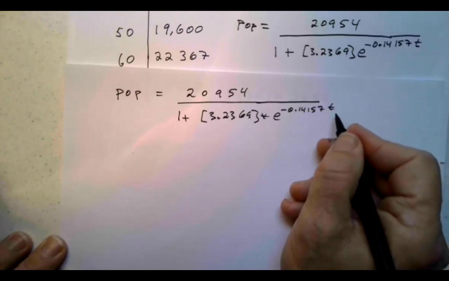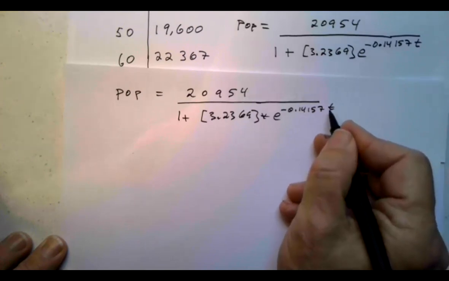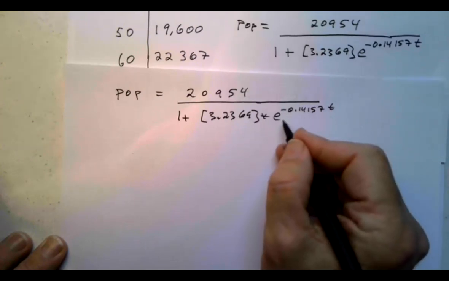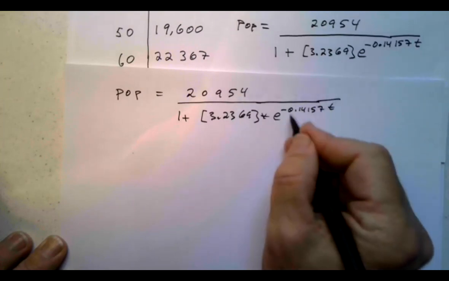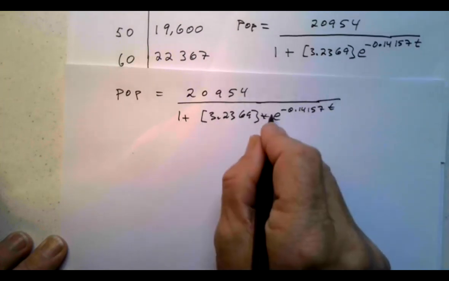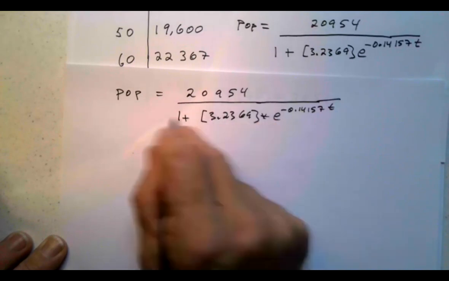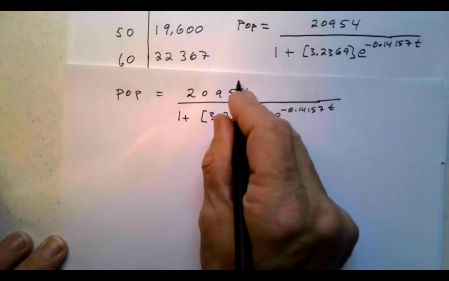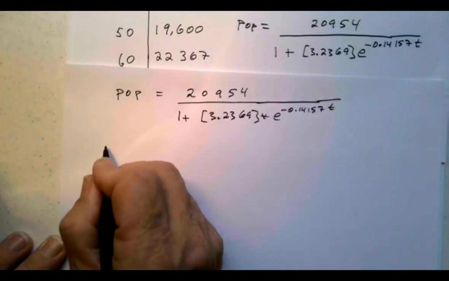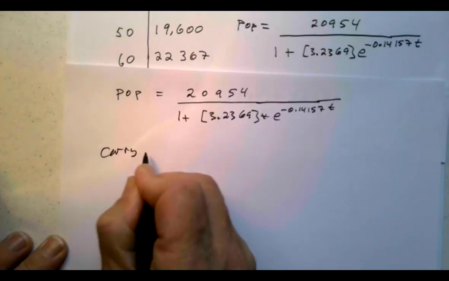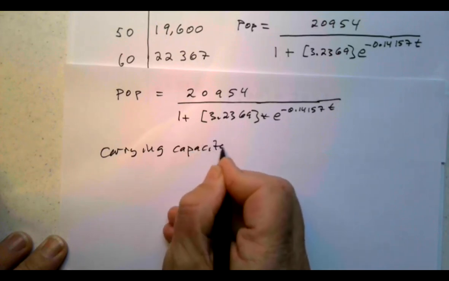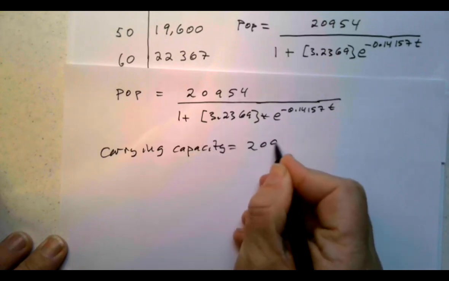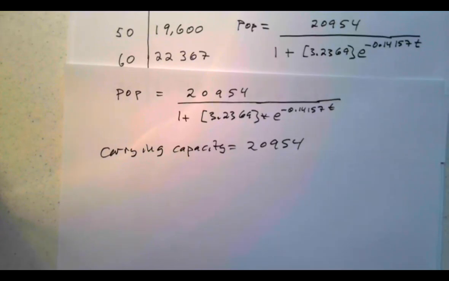As t gets large, where it's 70, 80, 90, 100, 1,000, I get e to a large negative number. E to a large negative number, 1 over e to a large number becomes essentially 0. This becomes essentially 0 plus 1 becomes essentially 1. 20,954 divided by essentially 1. The carrying capacity, or the long term, is just that number on top, which is 20,954, which we can also see on the calculator.